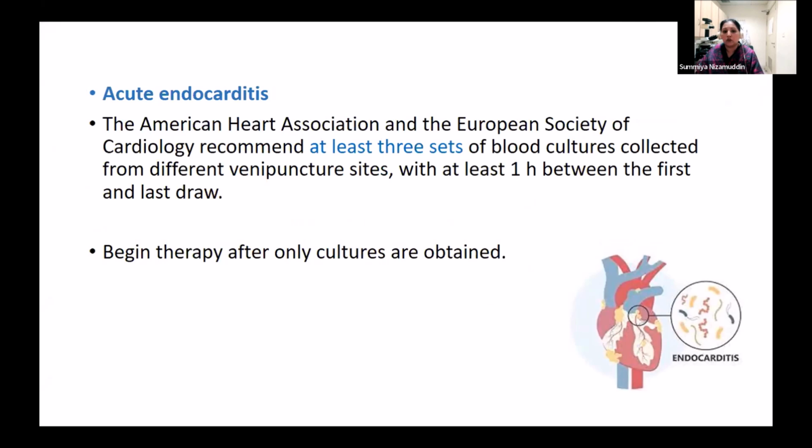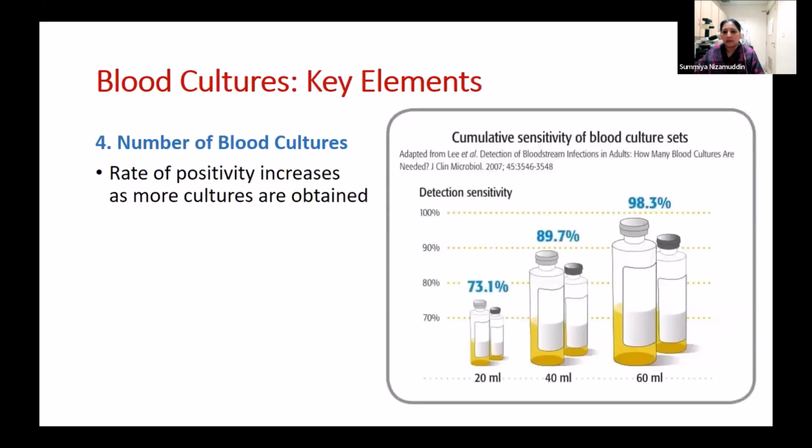And it's always helpful to send cultures before your antibiotics are instituted. Number of blood cultures: the point to emphasize here is that the more blood cultures you send to the lab, the higher the chances that we are able to pick the causative bug, and the sensitivity of blood culture actually increases with increasing volume.